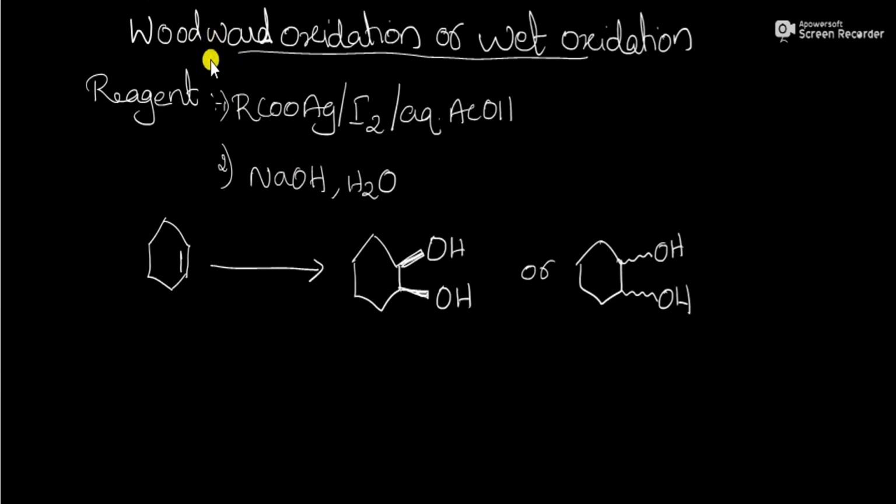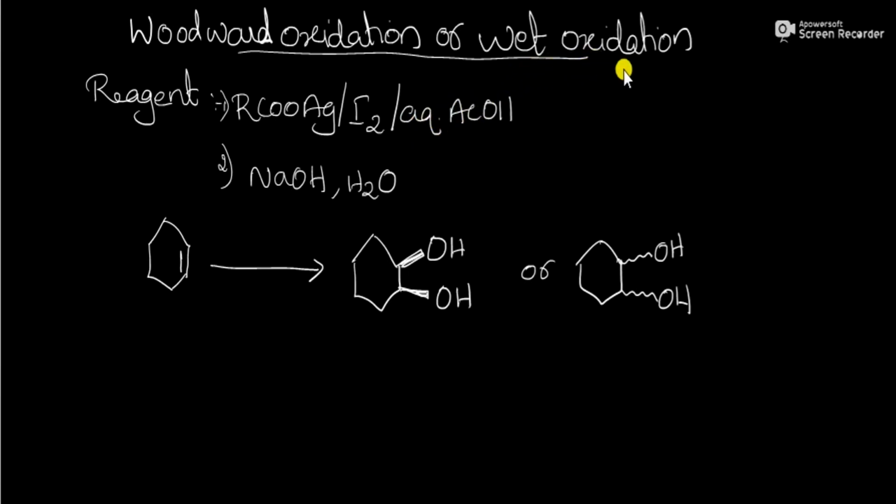Then another type of oxidation is Woodward oxidation, or it is called a wet oxidation. What are the reagents? Silver carboxylate in the presence of iodine and aqueous acetic acid, AcOH. That is our acetic acid. Here the aqueous medium is used for the oxidation of alkene. That's why it is called a wet oxidation.